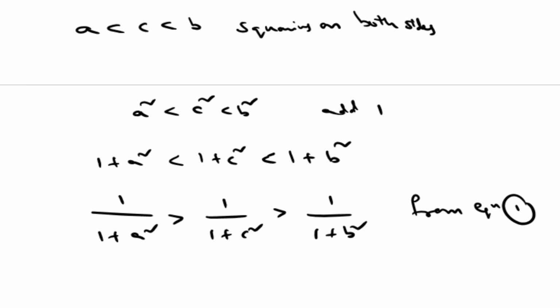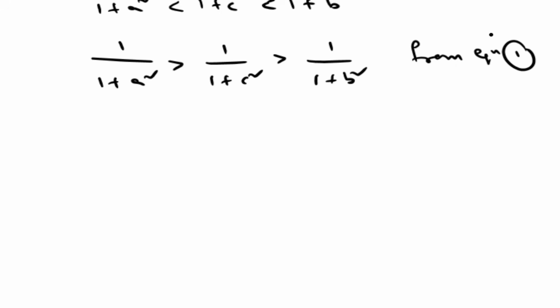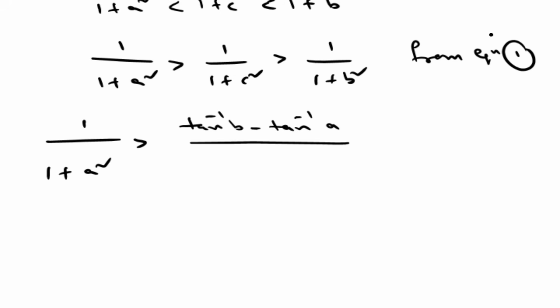From equation 1, 1 by 1 plus c square can be written as tan inverse b minus tan inverse a by b minus a. So 1 by 1 plus a square is greater than tan inverse b minus tan inverse a by b minus a, which is greater than 1 by 1 plus b square.